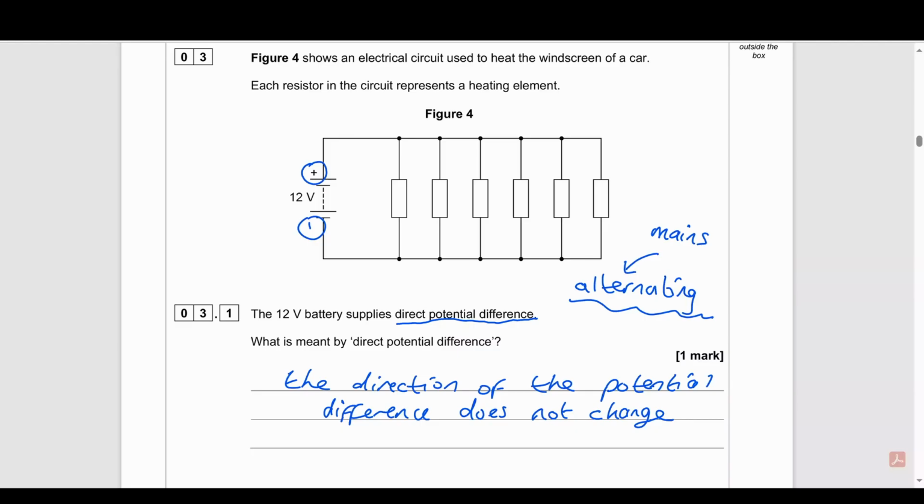Now, that means that the positive and the negative terminals have been reversed. And this is also known as the polarity. So the other description for the direct potential difference means that the polarity does not change.